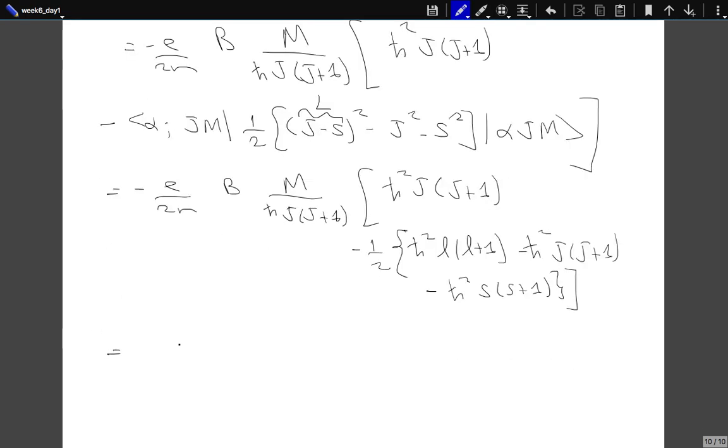Let me slightly rearrange the terms. All of them have h bar squared, so I can take it out, and it will cancel one of these h bars.